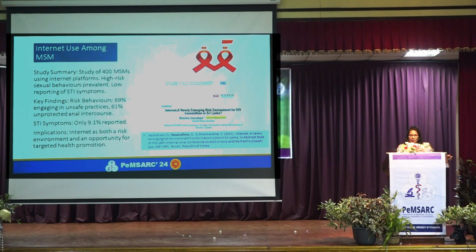As for STI symptoms, only 9.1% reported having experienced STI infections in the past. So the implication is that the internet is both a risk environment and an opportunity. You can use it for targeted health promotion as well, because if they are always there, then it's a place to catch them for health promotion.